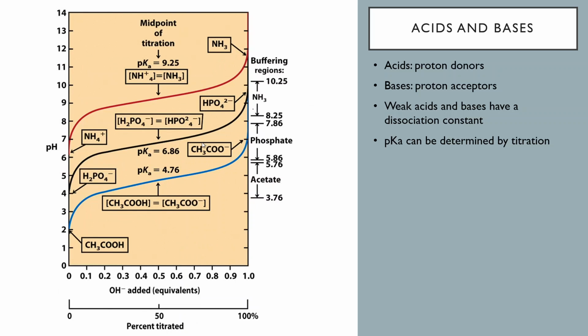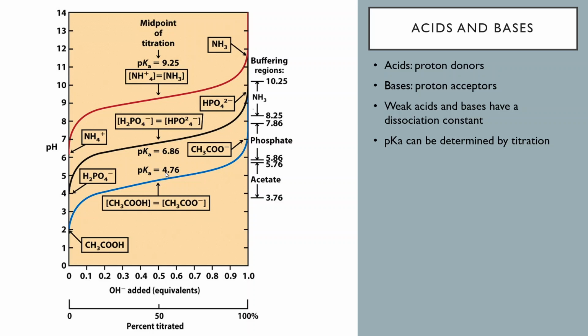And if you're making a solution and you want to keep the pH within a certain range, you would choose an appropriate buffer. So if you want to make a solution that has a relatively constant pH that's relatively high, you might make a buffer with ammonia. At the other end, again, acetic acid has a relatively low pKa, so it would be good for making solutions that you want to maintain at a low pH.